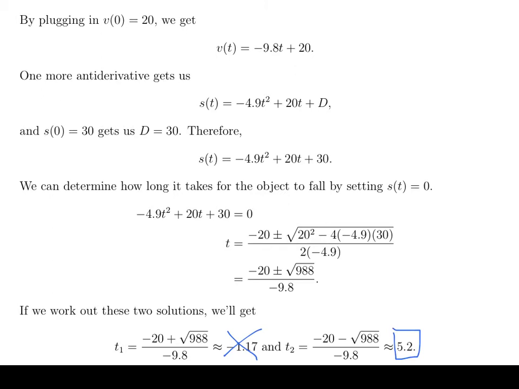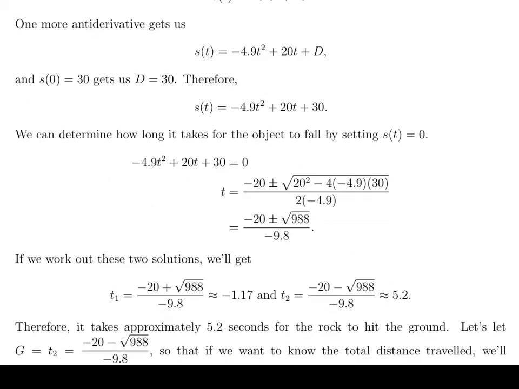That's how long it takes for the rock to fall from our balcony. So it takes about 5.2 seconds for the rock to hit the ground. And I would just like to let g be equal to this number, because I'd like to use this later on, so it'll be convenient to have a notation for it.